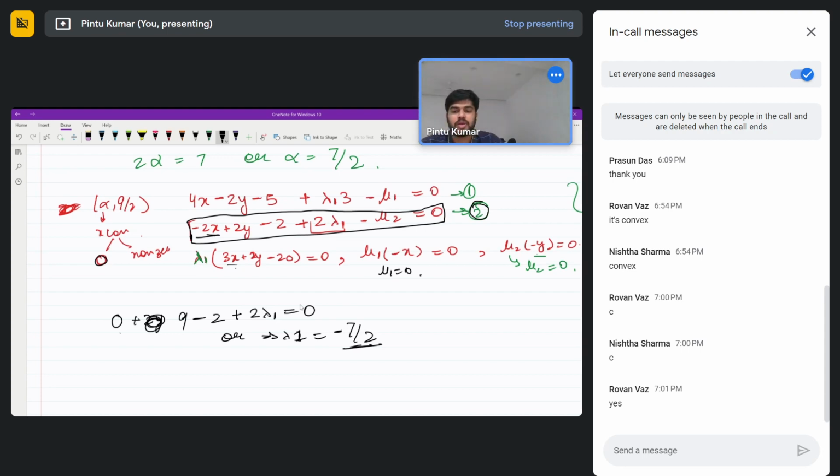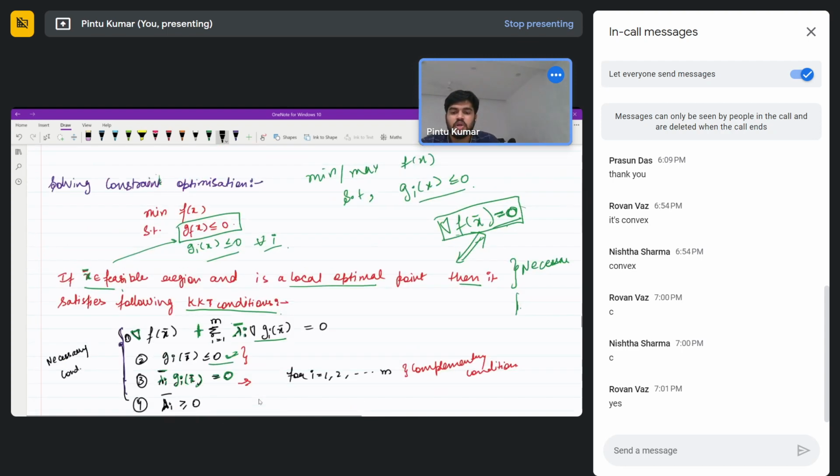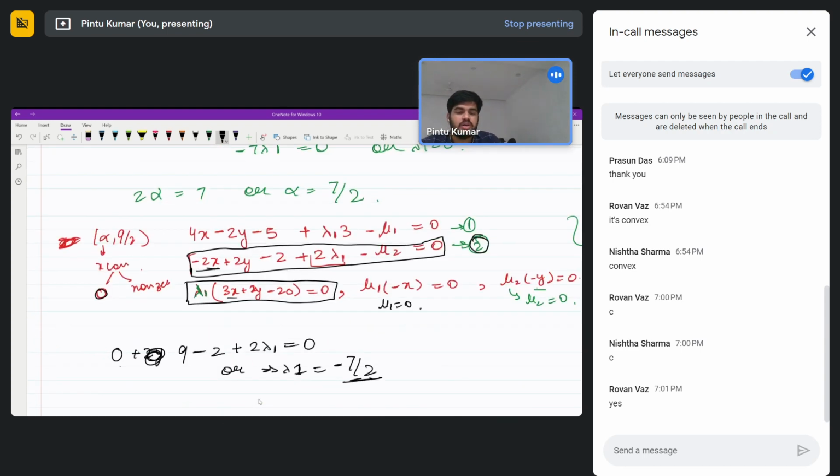Yes, sir. Okay. Now we have this condition also, right? From the third condition of the KKT, we obtained these three conditions. So if we look at this condition now, my lambda 1 term is non-zero, right?